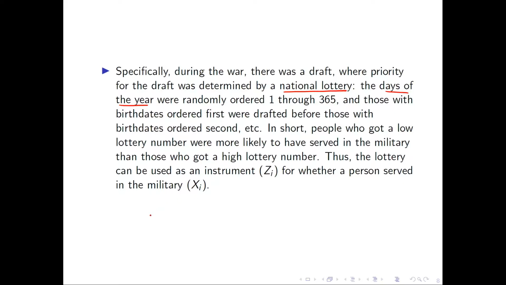So if we look at earnings, it's an intercept plus the coefficient times the binary treatment variable plus the error term, and we can use the lottery number z as our random part of actually serving in the military.